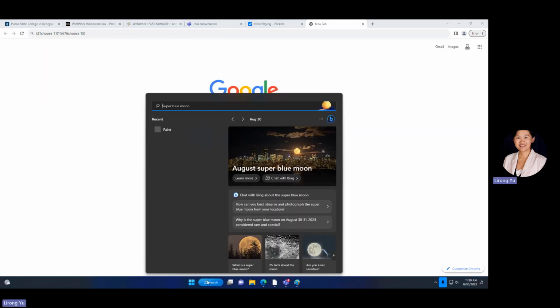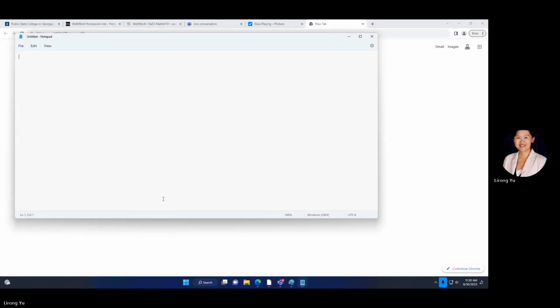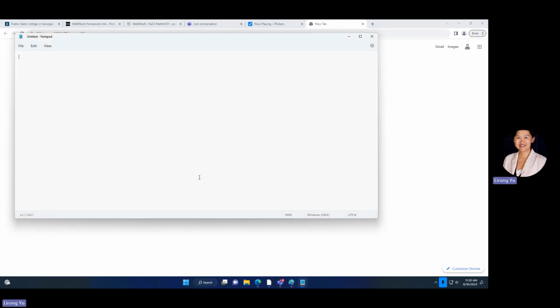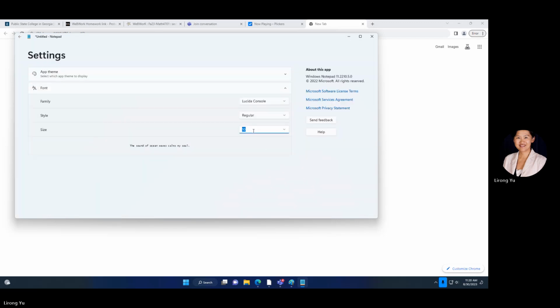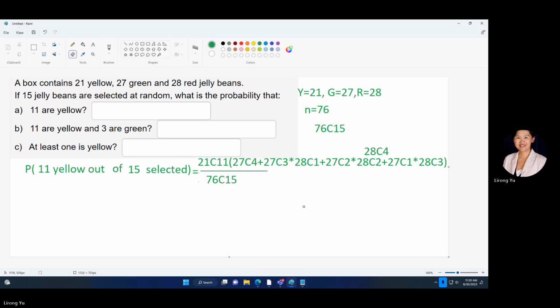Yes, I should type it out so you can actually visually see it, because it's very small. And then the numerator goes 27C4.